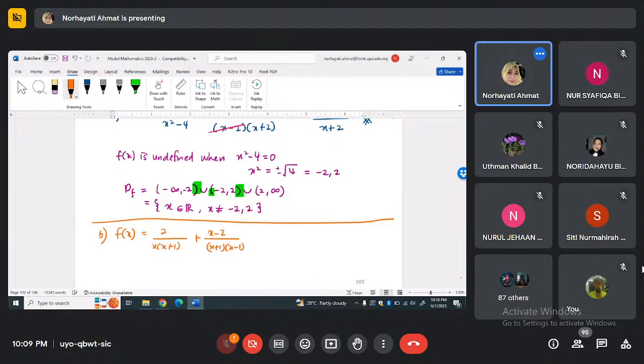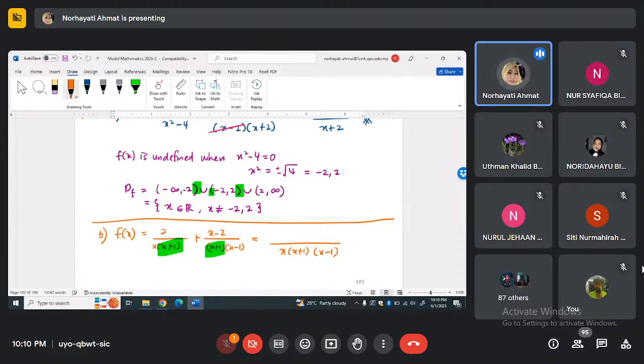Okay, so we need to combine these two expressions, and then we only have only one denominator. Okay, samakan denominator. Okay, so kita dah ada dua bracket yang sama. So denominator for these functions is x plus 1 and x minus 1.